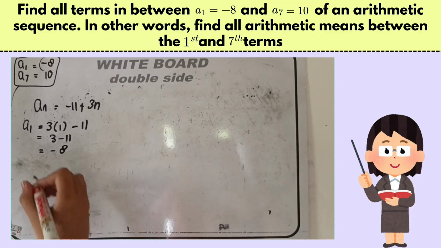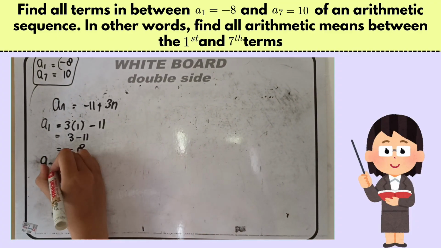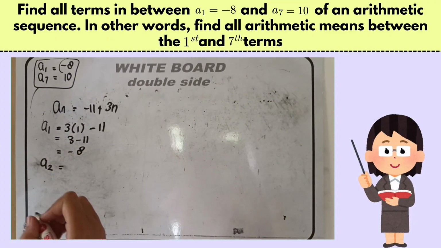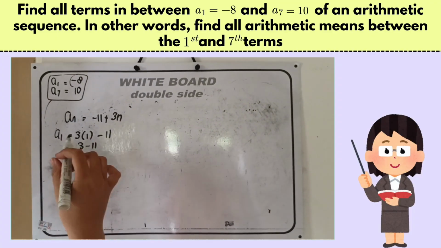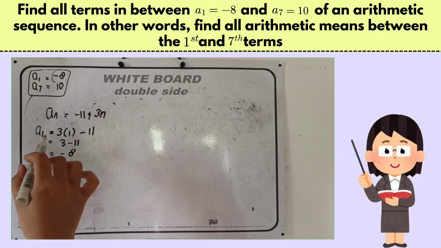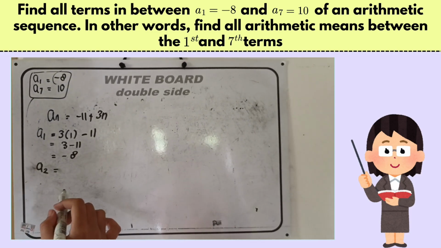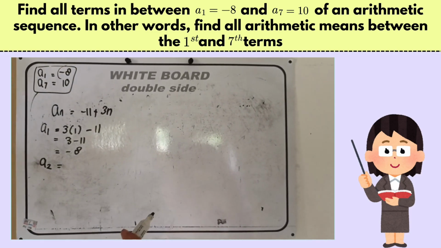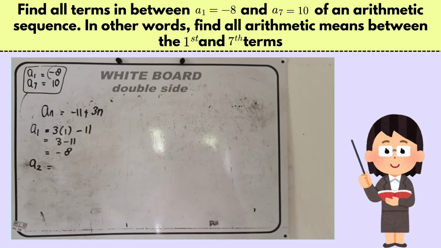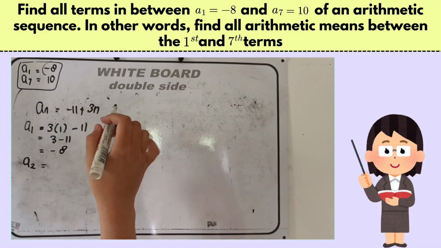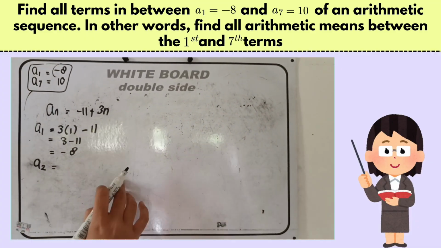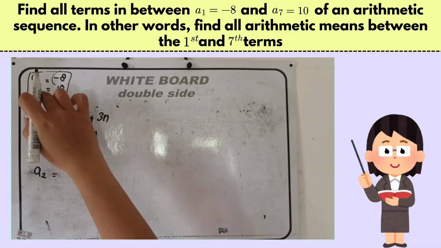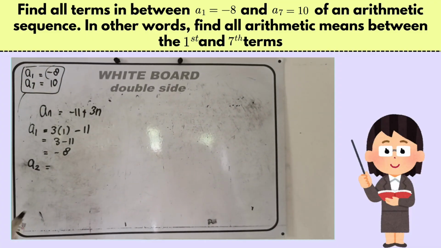a sub 1 equal 3 multiplied by 1 minus 11, and we get 3 minus 11 is negative 8. And then a sub 2, if you're asking why we need to find a sub 1, a sub 2, and then a sub 3, because remember the problem is we need to find the terms in between a sub 1 and a sub 7.